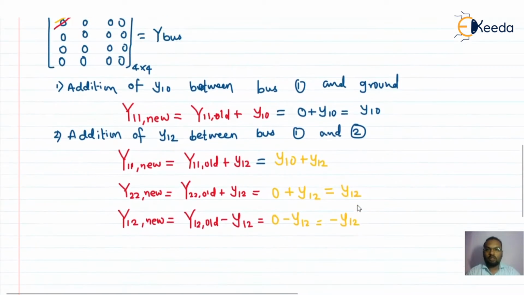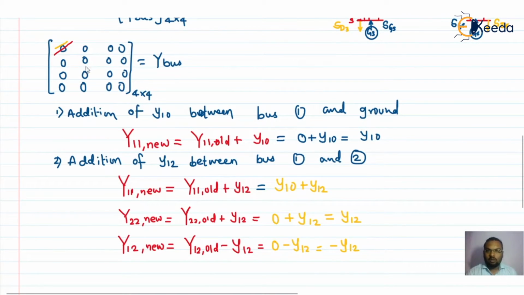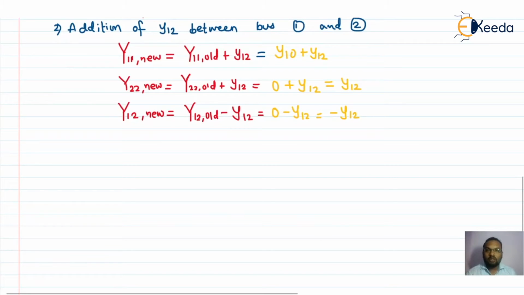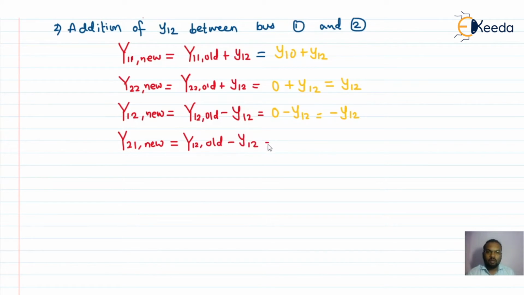So in this Y bus table, y22 got modified and y12 got modified. Of course, in the next step we are going to modify y21. These four entries get affected on addition of one element. y21 new will be y12 old, and as it is a transfer admittance, the minus will come: minus y12.